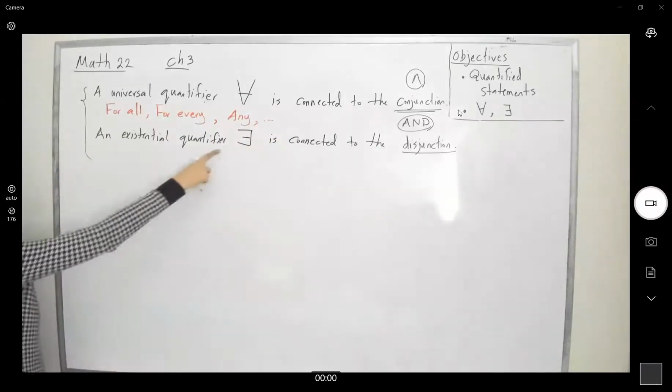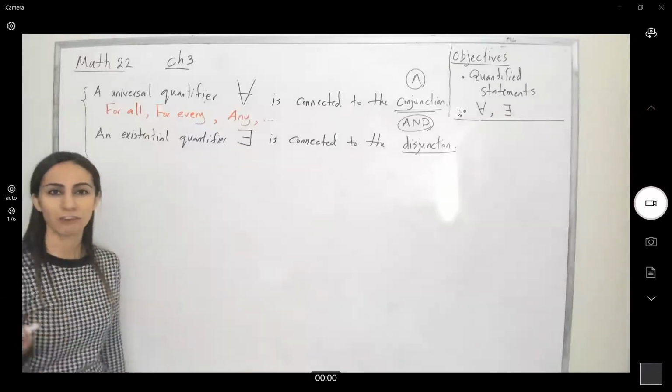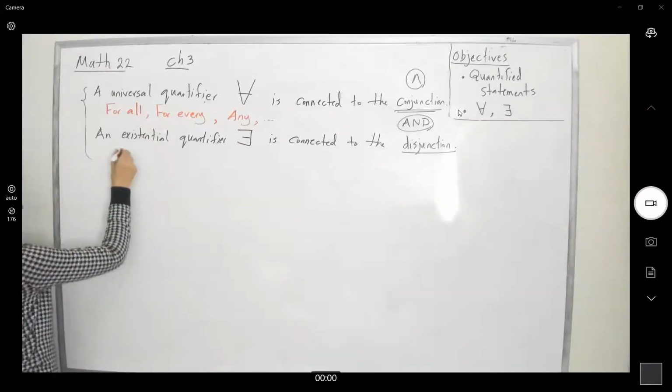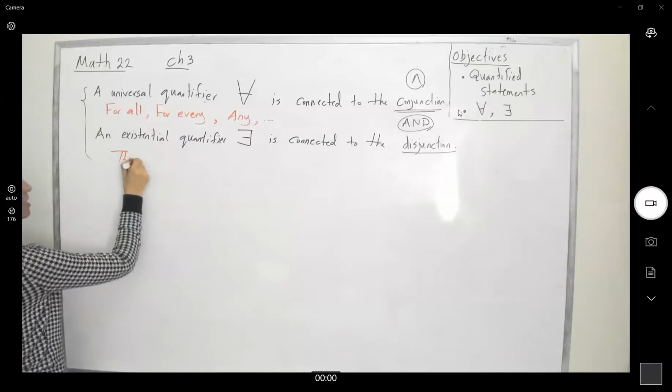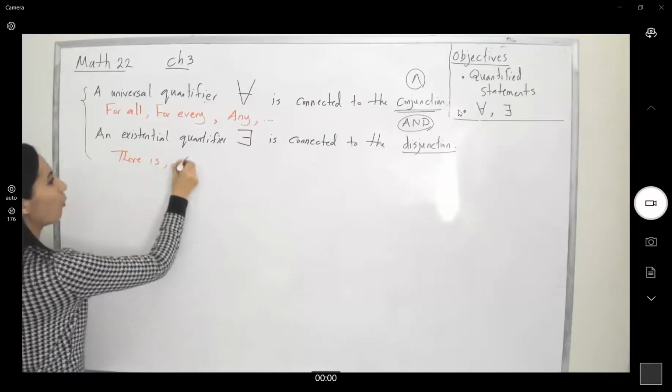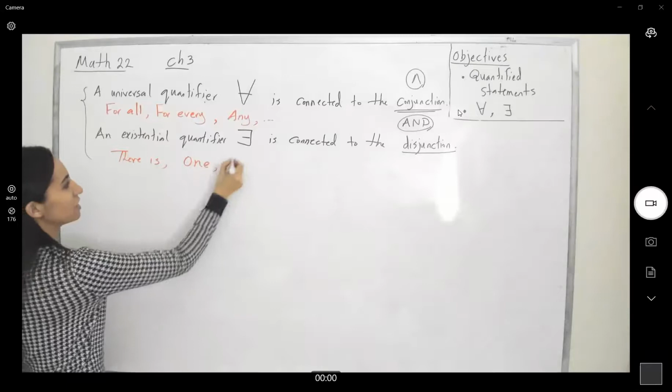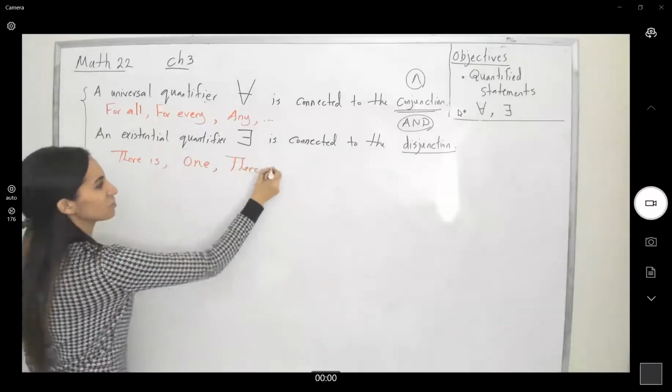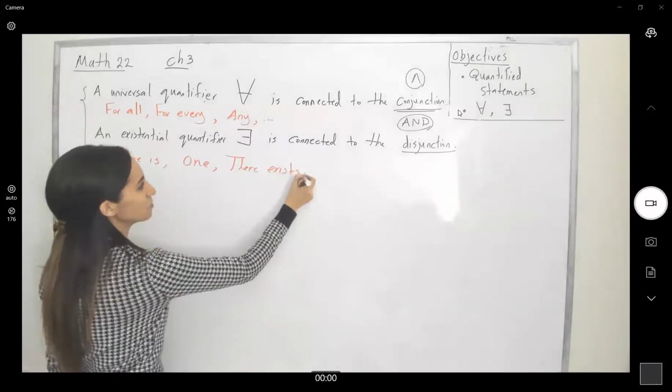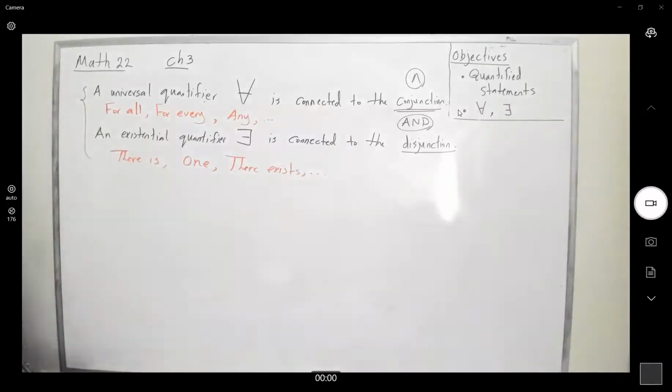And when you have an existential quantifier, the translation is there is one, there exists. These are the translations.